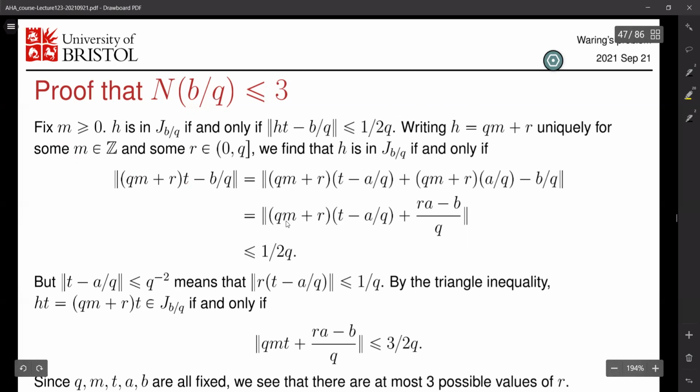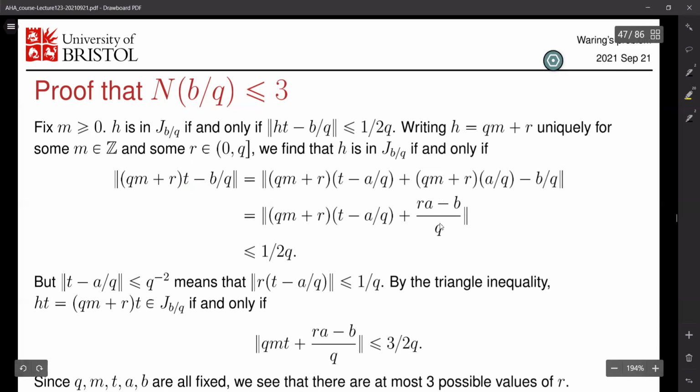Now, the first part, we don't know much about at the moment. But the second part turns out to have a bit of cancellation because I chose qm, and it's being offset by a q, or 1 over q. So the term that is just a times m here is an integer, and using this norm on the torus, any integer goes away. And all we're left with is r times a over q minus b over q, or this term right here.